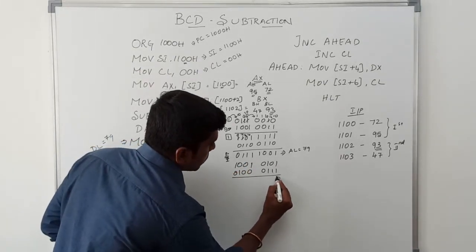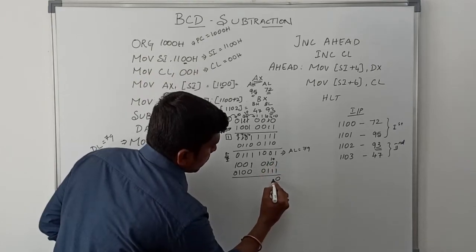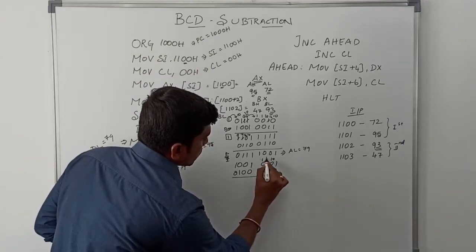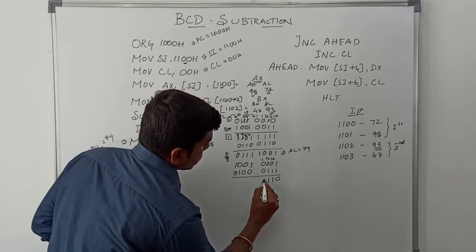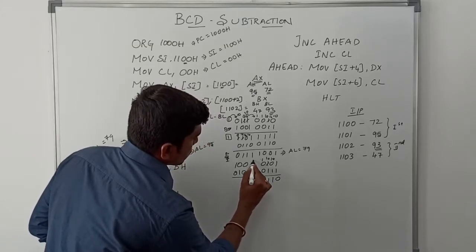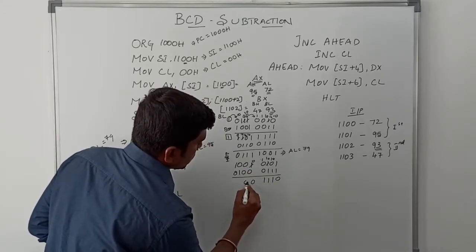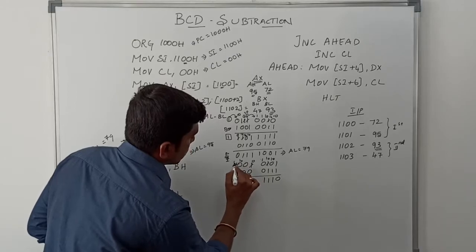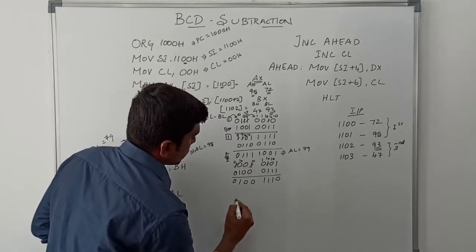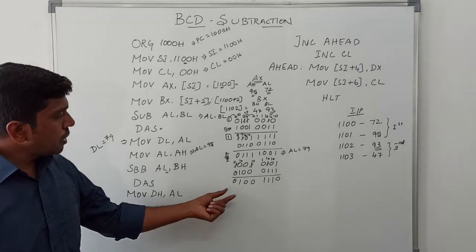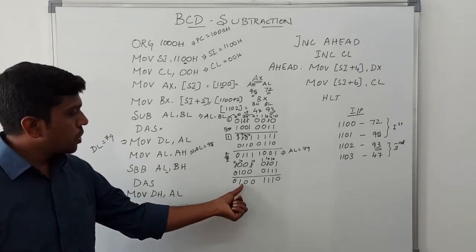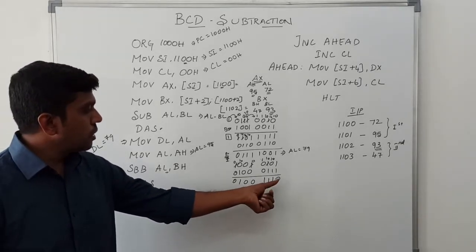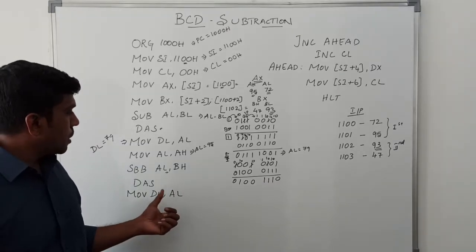1 minus 1 is 0, 10 minus 1 is 1, 10 minus 1 is 1, 1. So this value is 0 0 0, 10 minus 1 is 1, 0. After subtracting, you get the result 01001110. So now you check.